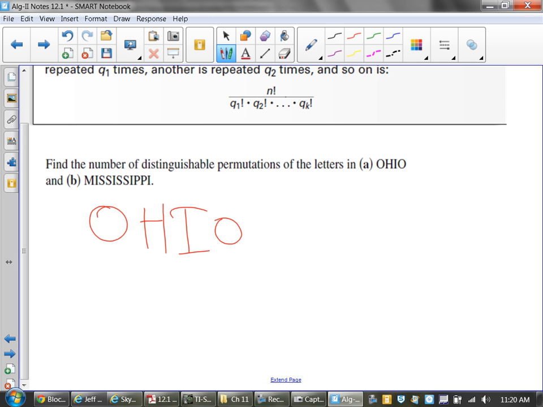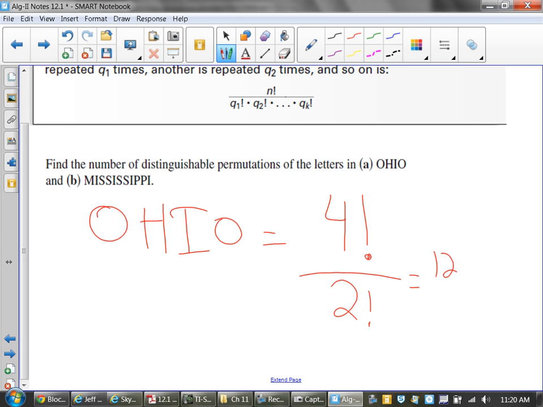How many total letters are there? There are 4 total letters, and I'm going to divide that by the repeated letter, repeated twice. So 4 factorial divided by 2 factorial is 12. There are 12 different ways you can rearrange those letters.